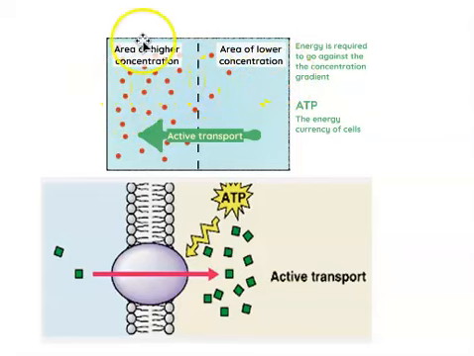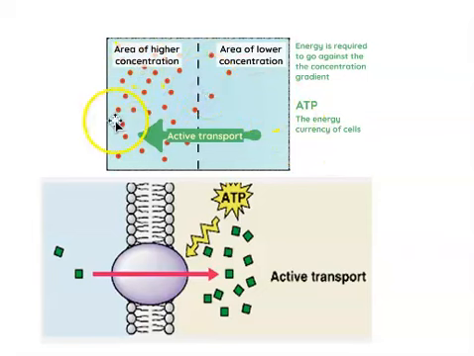They would go from the side where the high concentration is, across the membrane to the side where the low concentration is. But this is active transport, and active transport goes in exactly the opposite direction. Active transport is going to transport red circles from the side where there's a low concentration toward the side where there's a high concentration.